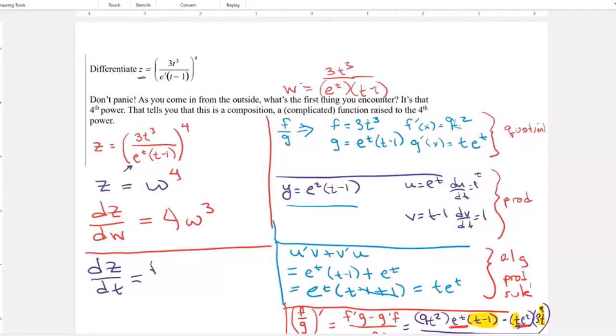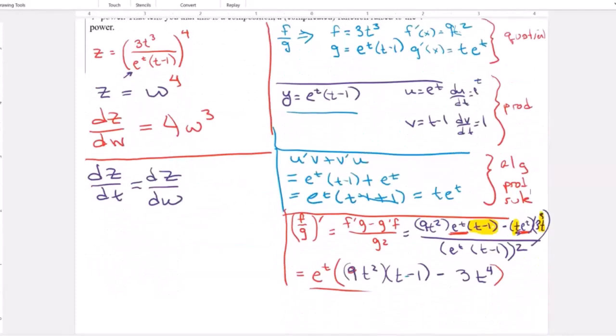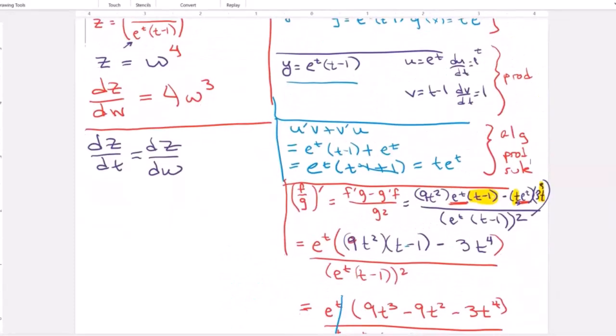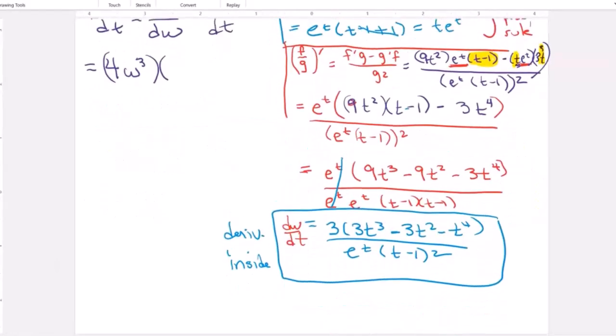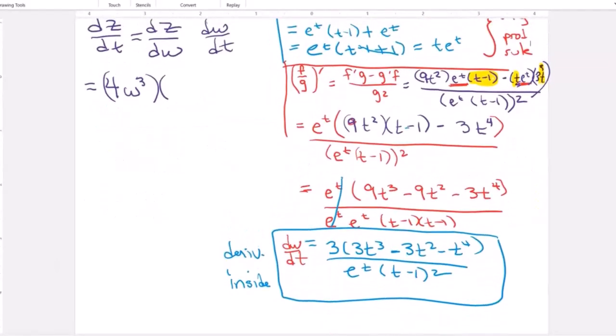Well, I have dz dw. I have dw dt. And if I cancel the dw's, I get dz dt. So I'm on the right track. dz dw equals 4w cubed times dw dt.